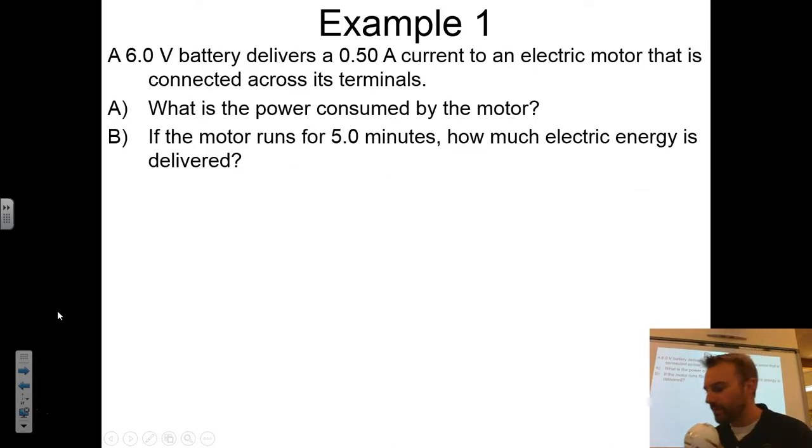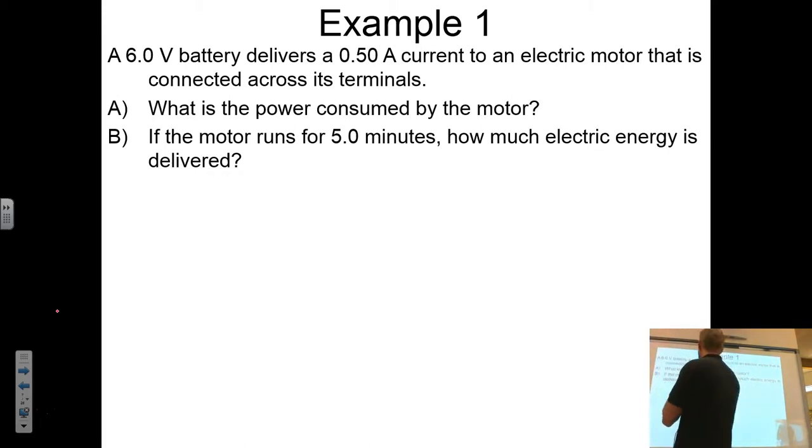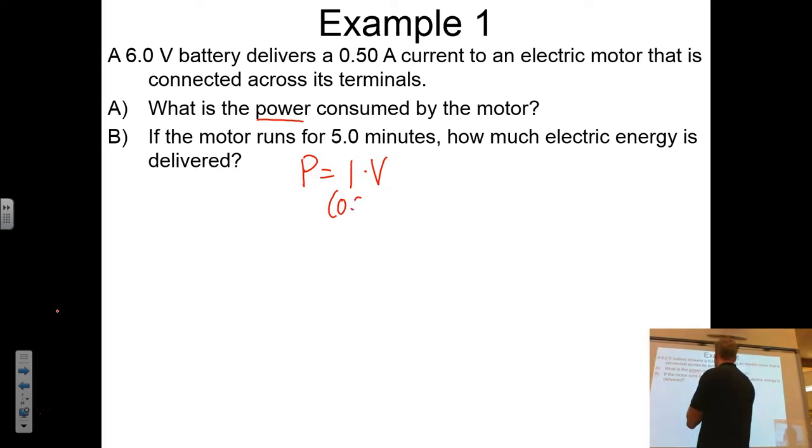So here's a quick example problem where it says a 6-volt battery delivers this. What's the power? Power is the current times the voltage. So our current is 0.5. Our voltage is 6. So half of 6 is 3, and that's watts. There's a 3-watt motor.